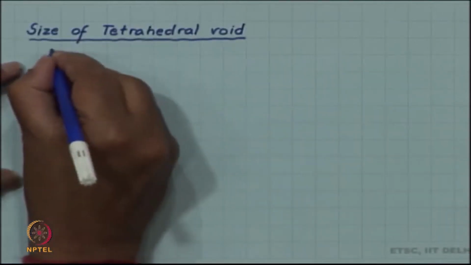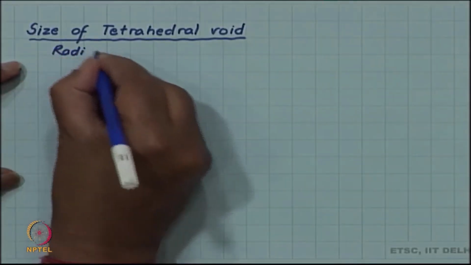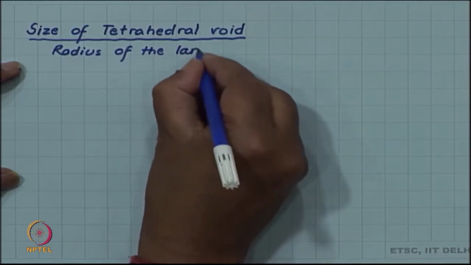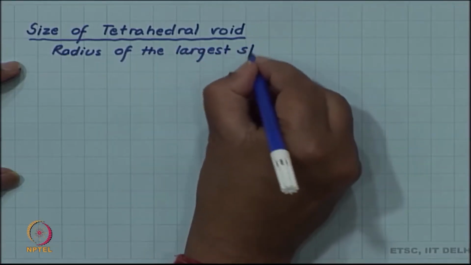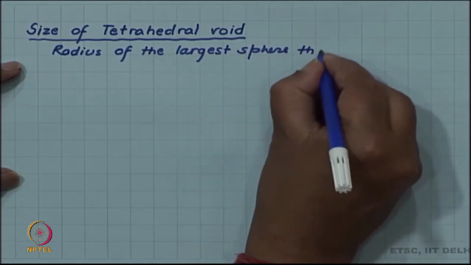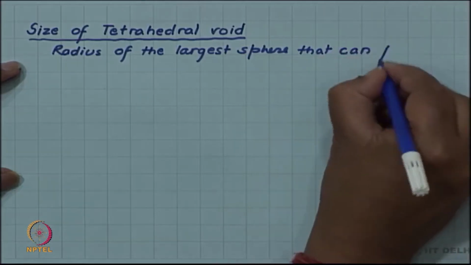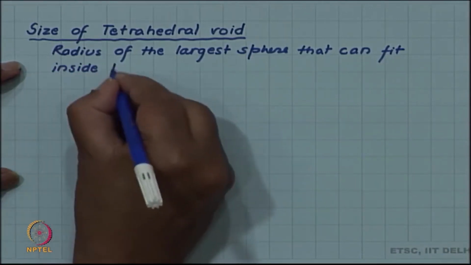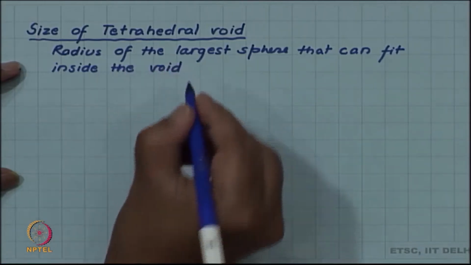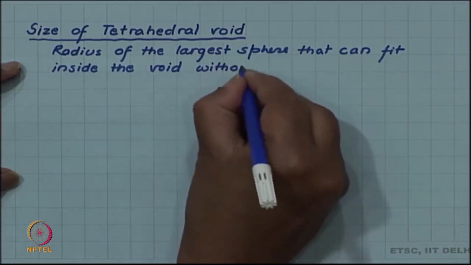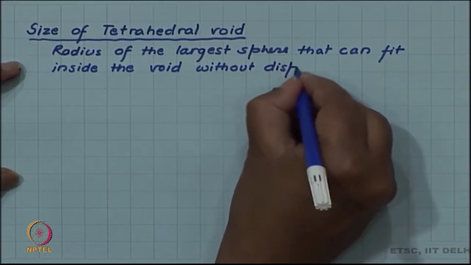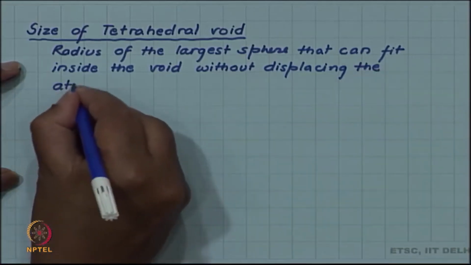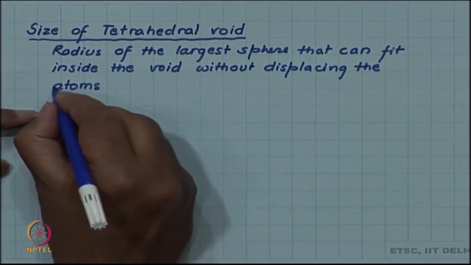By size we mean the radius of the largest sphere that can fit inside the void without displacing the atoms or spheres.